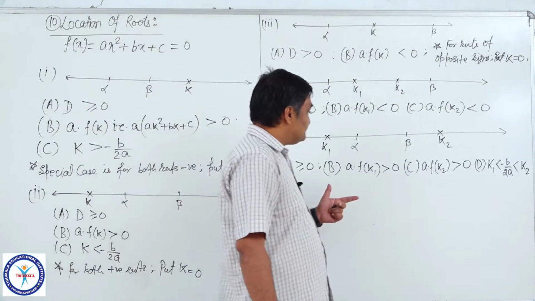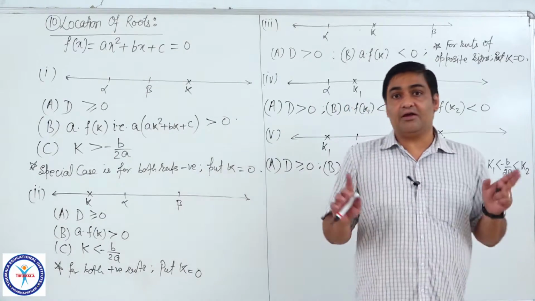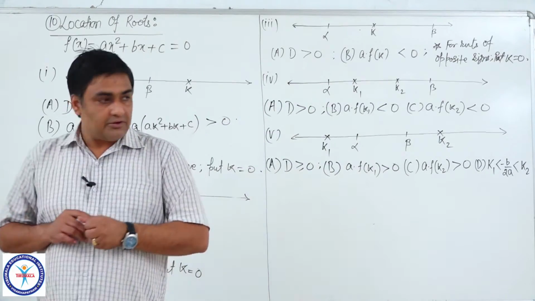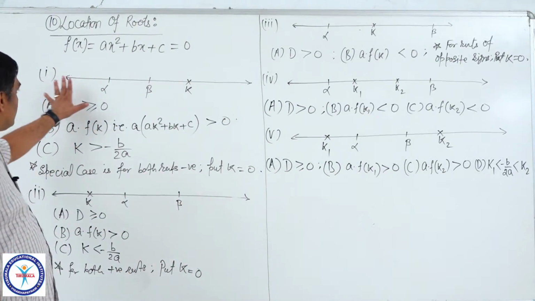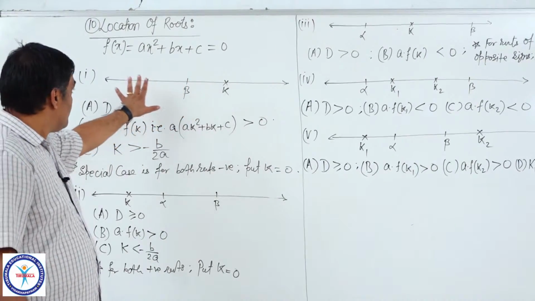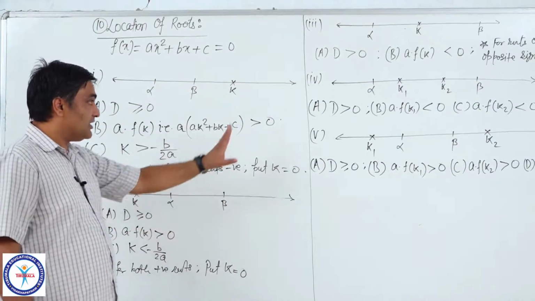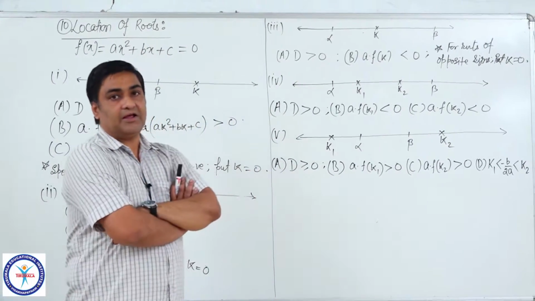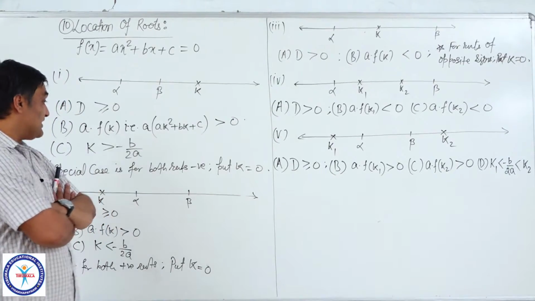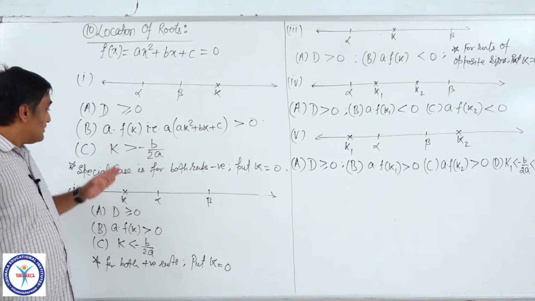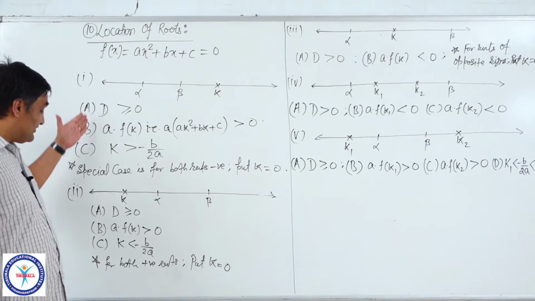And yes, whenever you come across questions on location of roots, plot this on the number line. Then you will immediately realize which case it is. And one more thing, these are not options where you have to say which is correct.